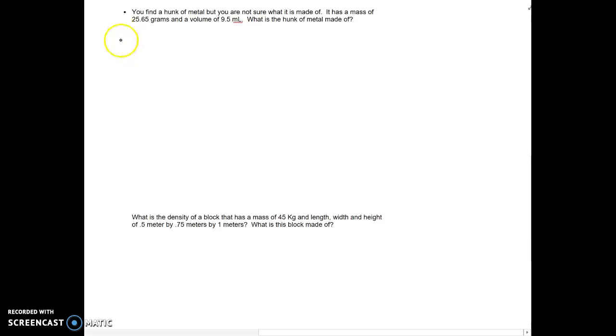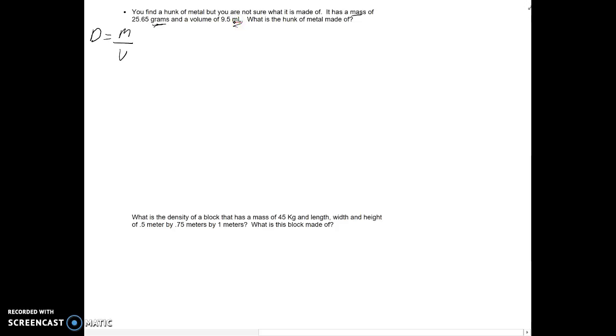So I'm going to begin with my density equation. Density equals mass over volume. Then as I read through the problem, I have to recognize my units. Grams, as it says, is mass. I have to recognize grams, kilograms, milligrams. Those are units of mass. Milliliters, as it says, is a unit of volume.